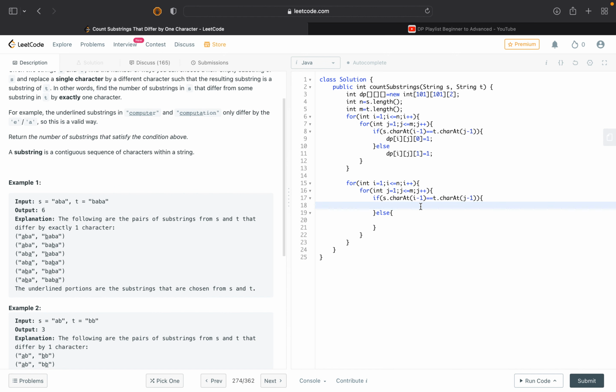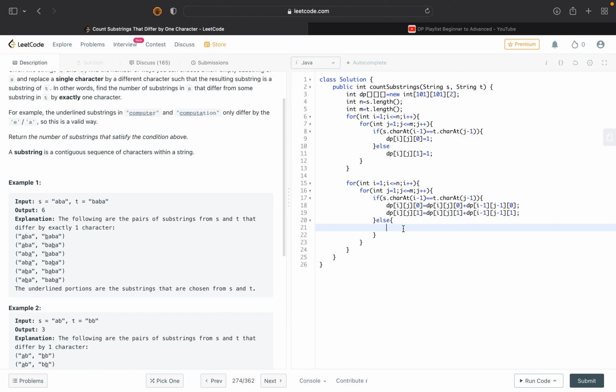So here we will simply set dp of i of j of 0 equal to dp of i of j of 0 plus dp of i minus 1, j minus 1, of 0. And for the other array, dp of i of j of 1 is equal to dp of i of j of 1 plus dp of i minus 1, j minus 1, of 1.